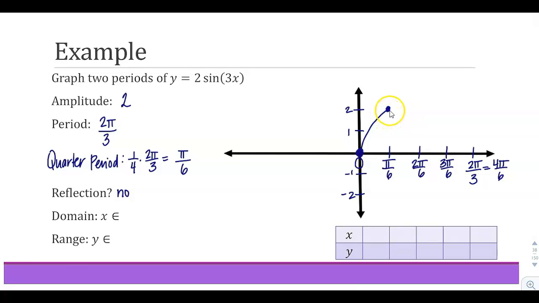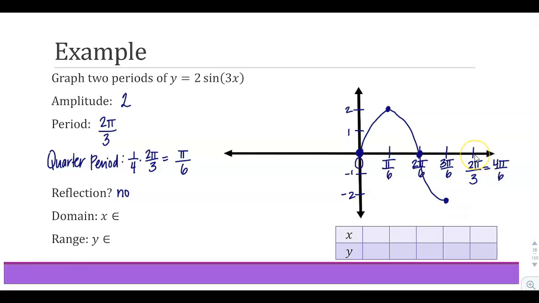And then my sine function turned around and went back to the x-axis. So at 2 pi over 6, at the next tick mark, I'm going to end up back at the x-axis. At the next tick mark, I'm going to be at the negative of the amplitude. So I'm going to be down here at 3 pi over 6, -2.